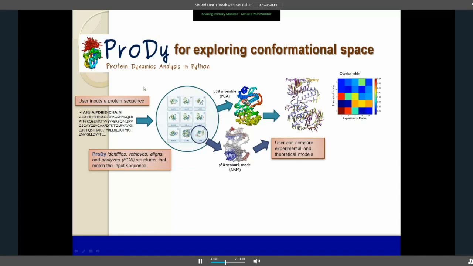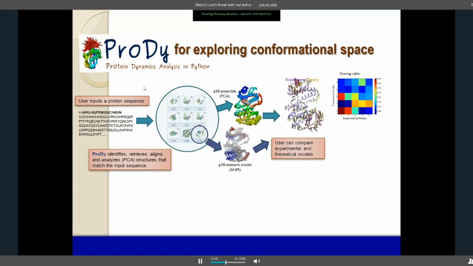Originally we said we would like to compare experiments and theory and see whether the motions that we predict for biomolecular structures make sense, whether they are functionally meaningful. One way to test that was to compare the alternative conformations that we are generating to those that have already been resolved for a given protein.